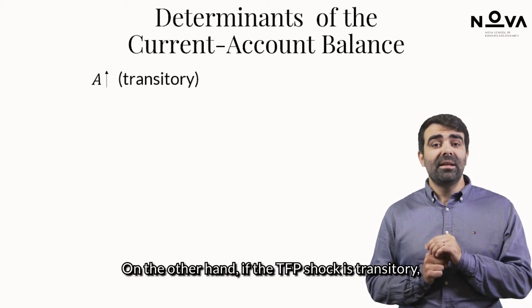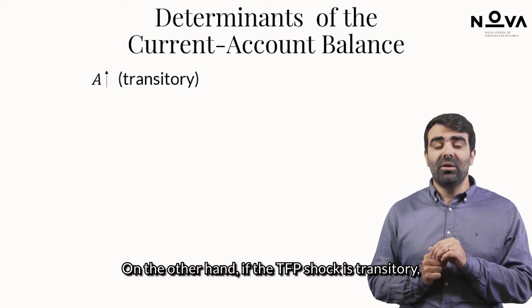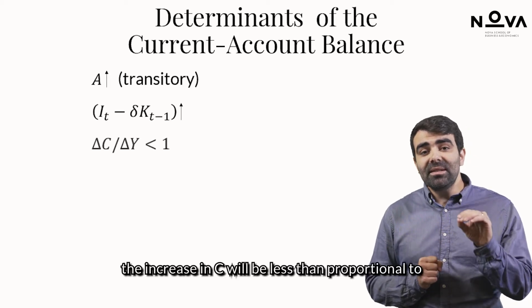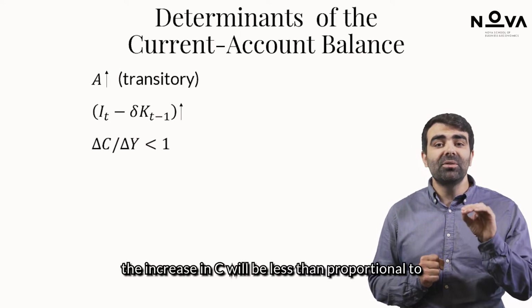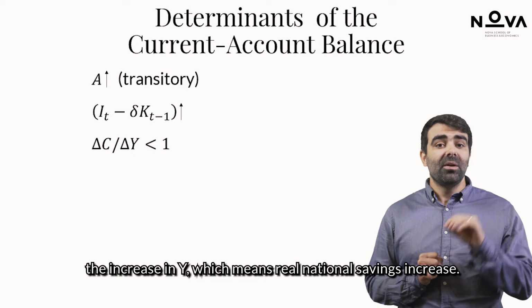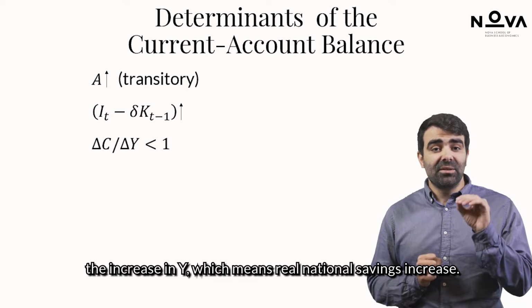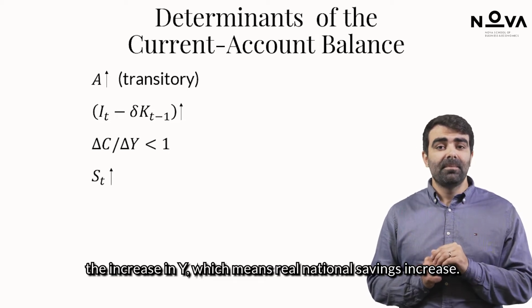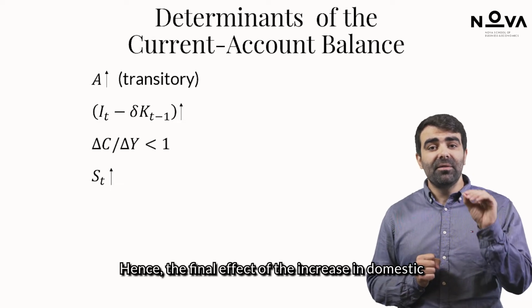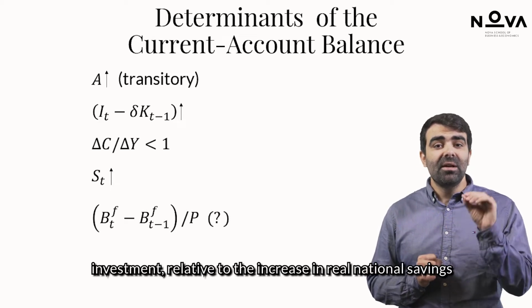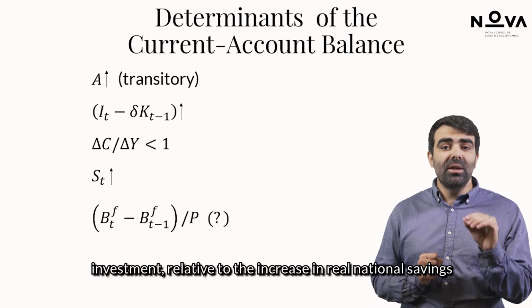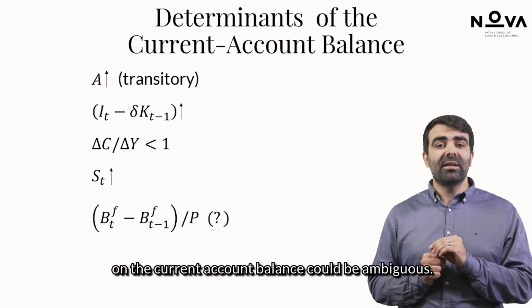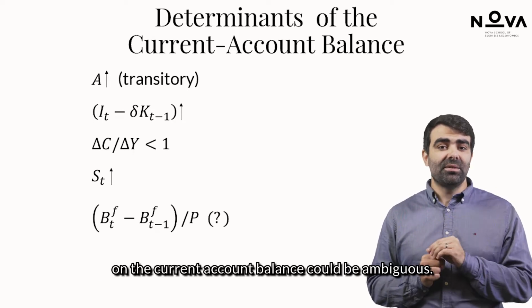On the other hand, if the TFP shock is transitory, the increase in C will be less than proportional to the increase in Y, which means real national savings increase. Hence, the final effect of the increase in domestic investment relative to the increase in real national savings on the current account balance could be ambiguous.